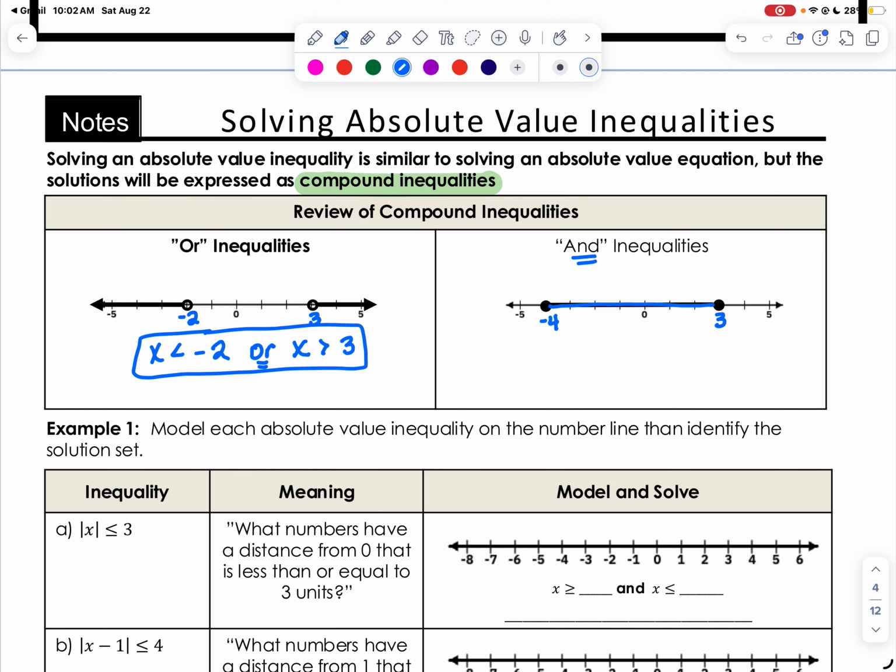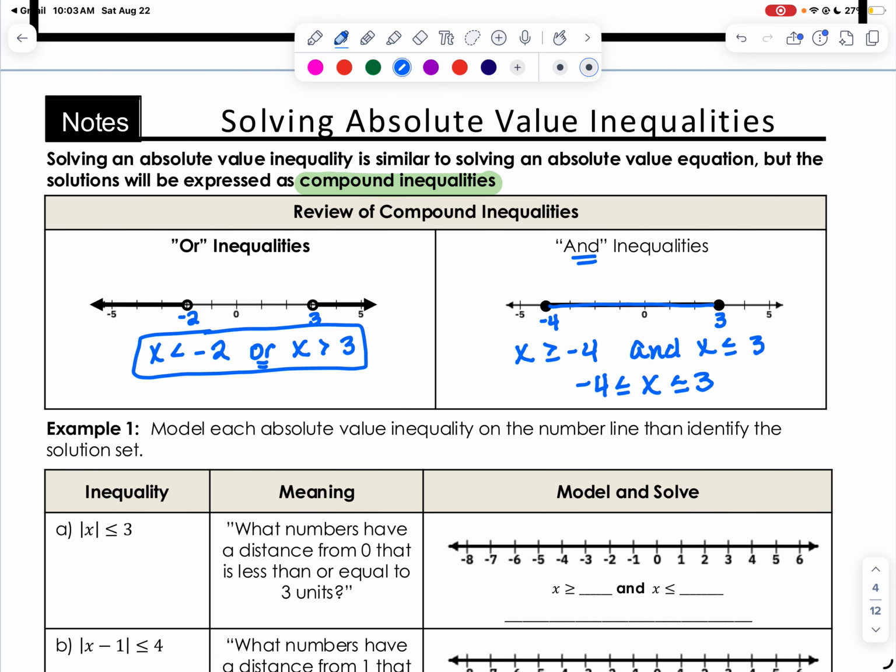So we could write this as an "and" inequality like this: x is greater than or equal to -4 and x is less than or equal to 3. Now we can also express an "and" inequality like this: -4 less than or equal to x less than or equal to +3.